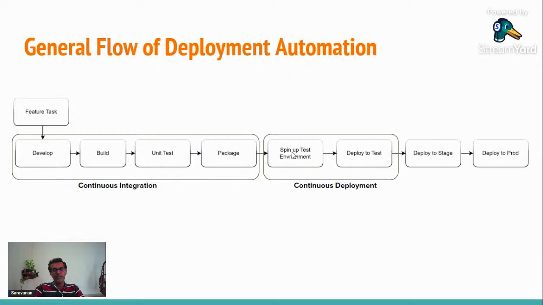So in the lower test environment, we don't need to create any approval flow and all. But it's not a hard and fast rule. If any team wants to have an approval deployment even in a lower environment, they can implement it. But just to depict the example of continuous deployment, I have mentioned it as automated deployment in the lower test environment, right?